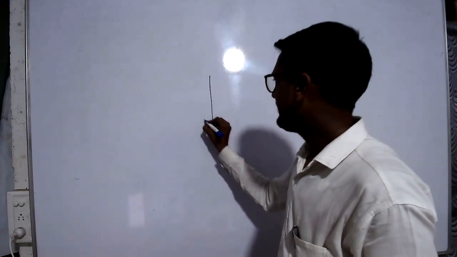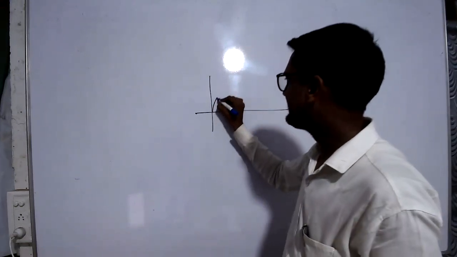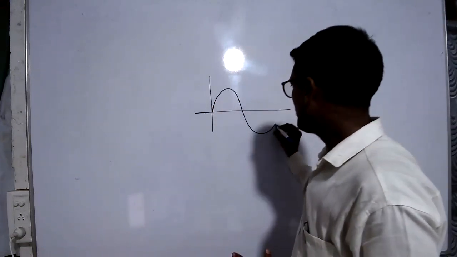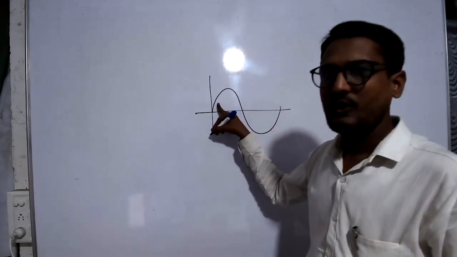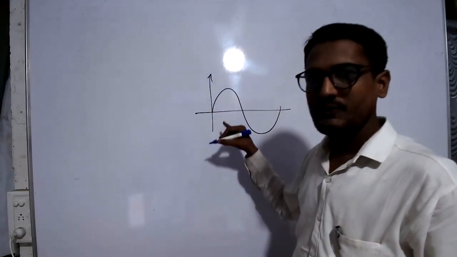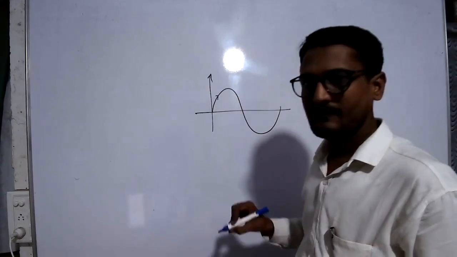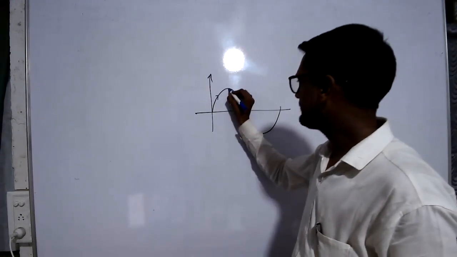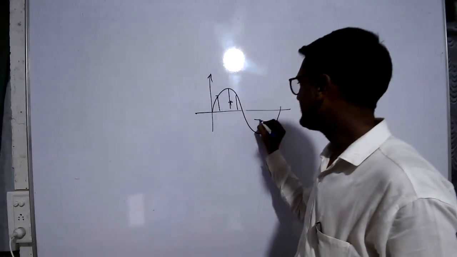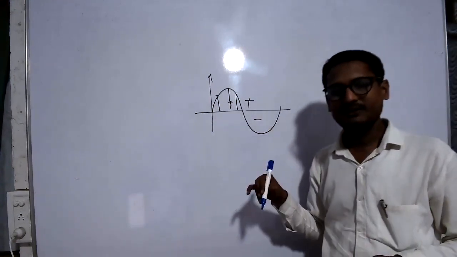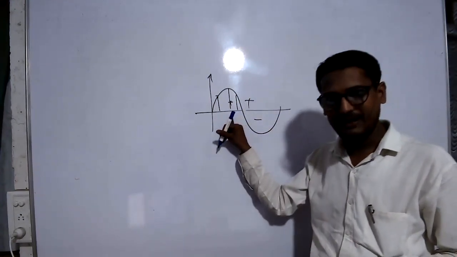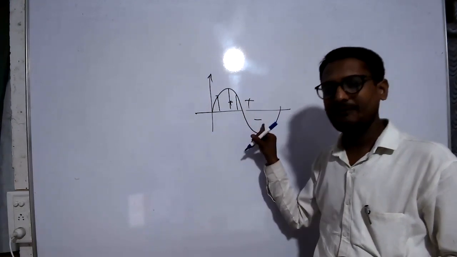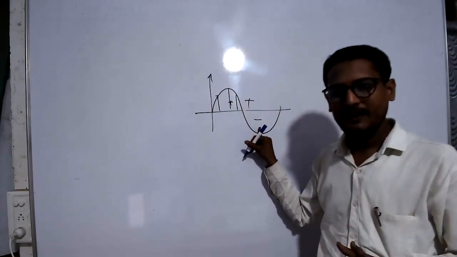That is the behavior of the AC current: the electrical quantity changes its direction, then magnitude as well as its polarity.